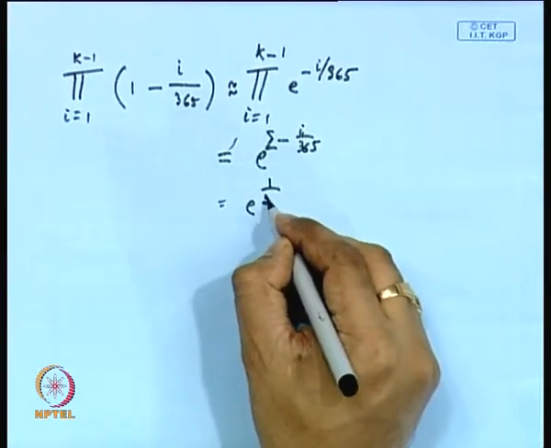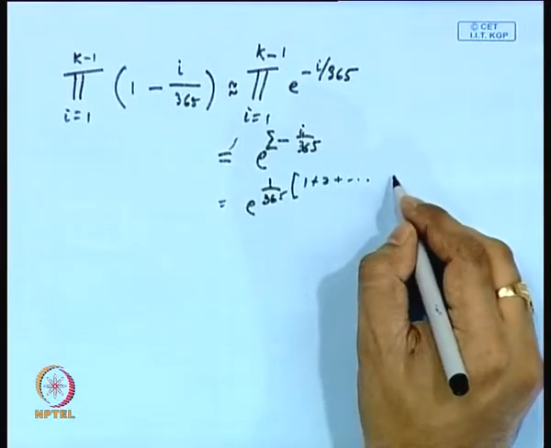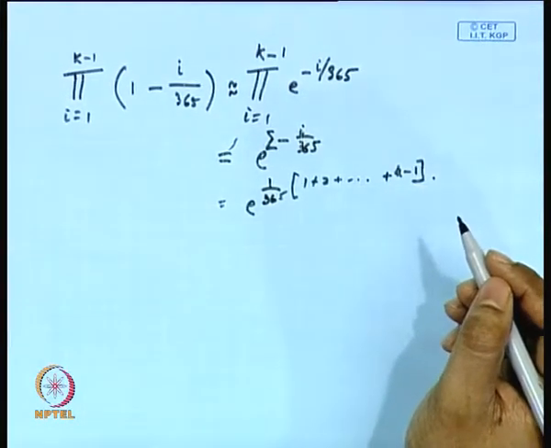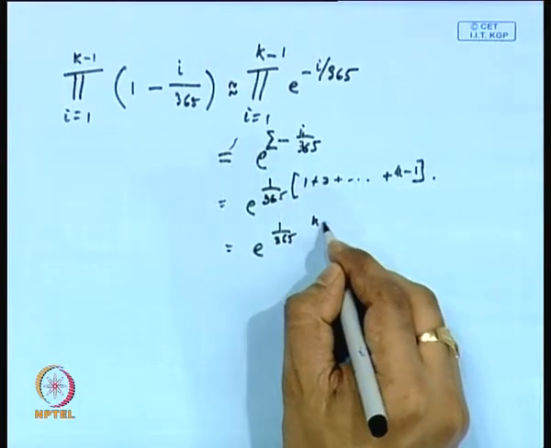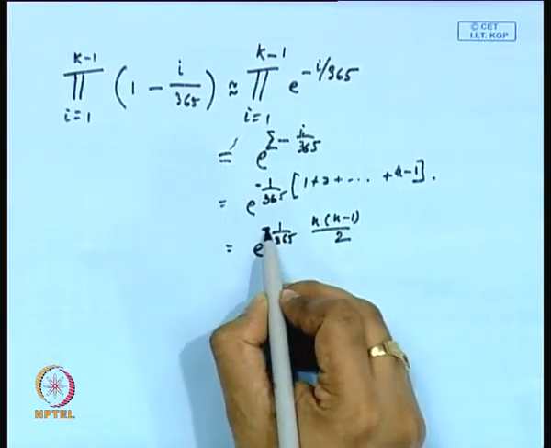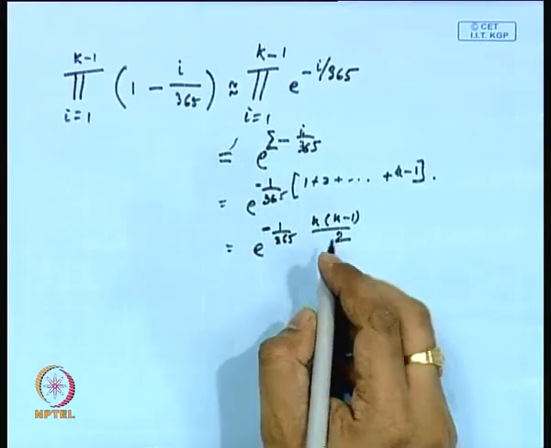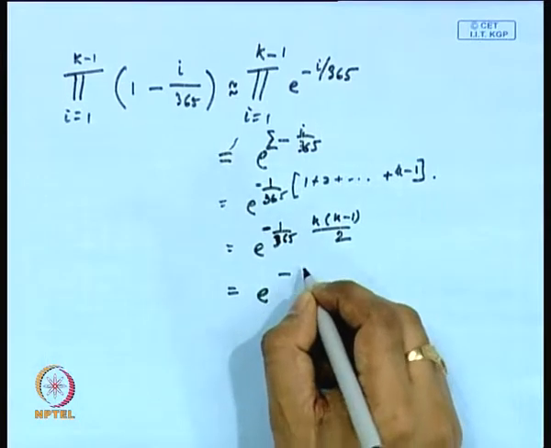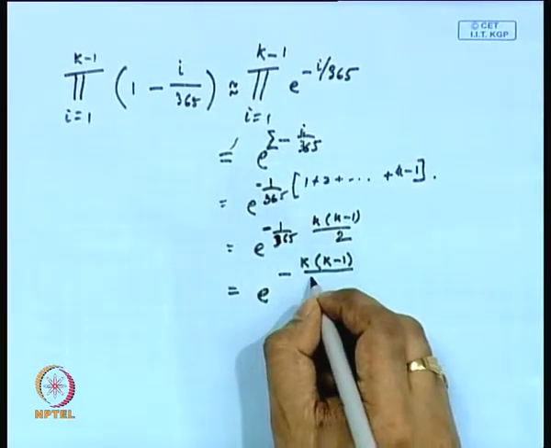Taking 1 by 365 common, it is 1 plus 2 plus, and so on till k minus 1. That is e to the power of minus 1 by 365 into k into (k minus 1) by 2, which is nothing but e to the power of minus k into (k minus 1) divided by 730.